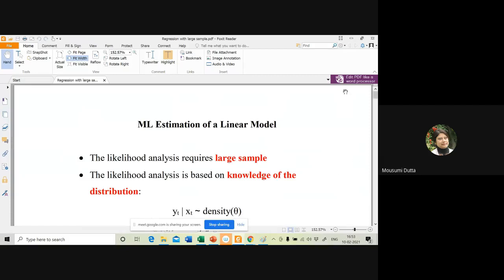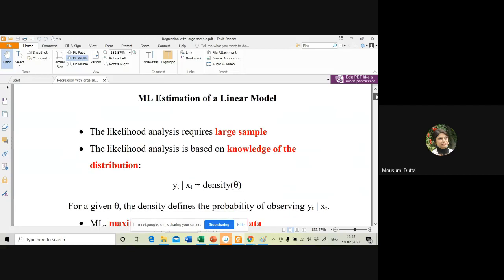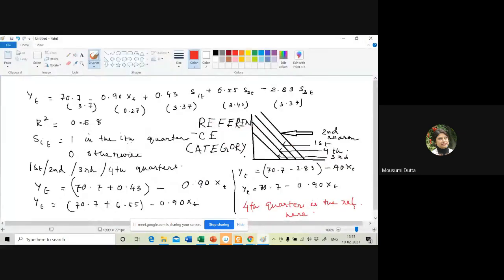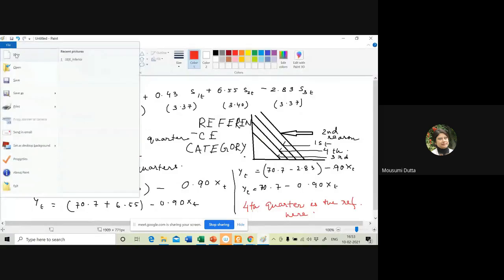However, maybe you didn't do the entire thing, or some students may not have done the large sample case at the undergraduate level. However, we need to know something about the large sample, and therefore you need to understand what is happening in case of large sample, okay? So now I'm moving to the large sample.